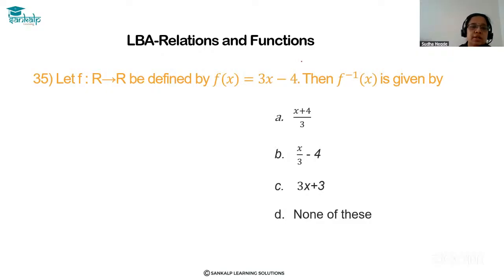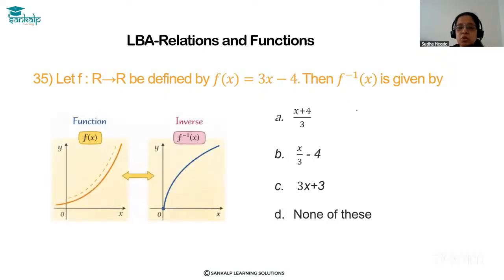The question is, let f from R to R be defined by f of x is equal to 3x minus 4. Then f inverse x is given by, you need to check those 4 options.